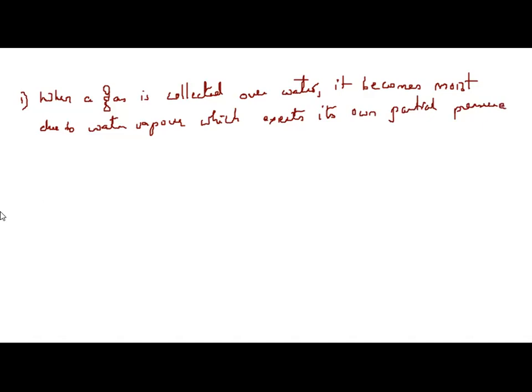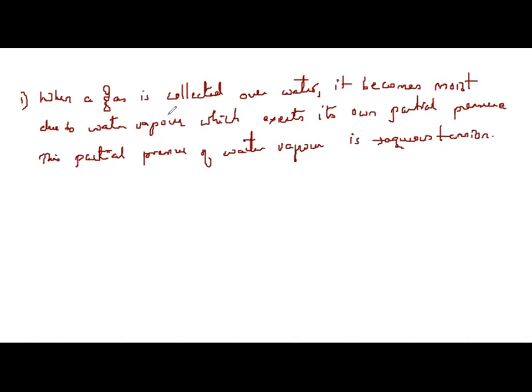This partial pressure of water vapor is called aqueous tension. Understood? So when a gas is collected over water, it becomes moist because water vapor exerts its own partial pressure, and this partial pressure of water vapor is called aqueous tension.